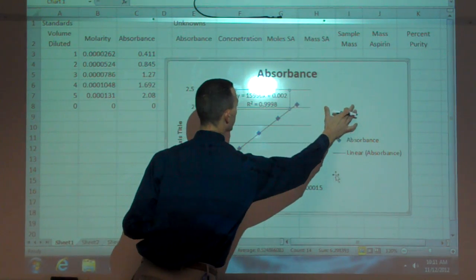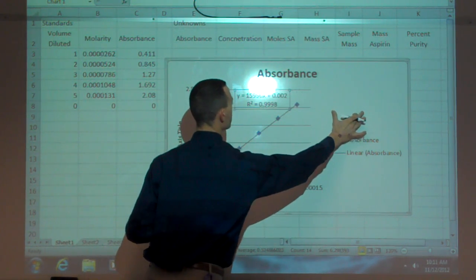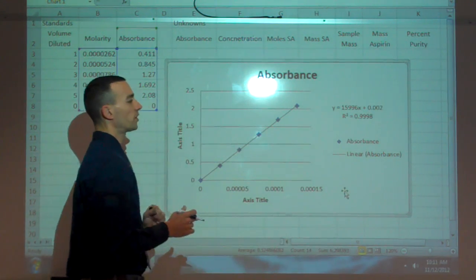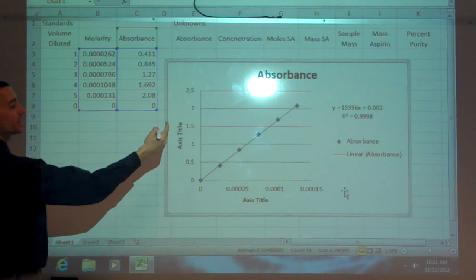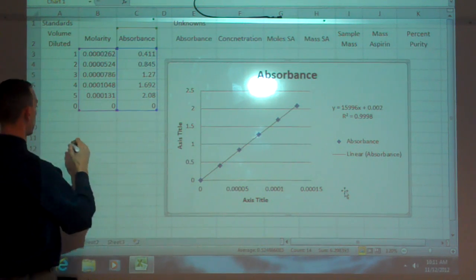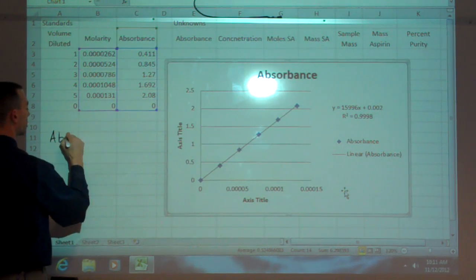And this equation, if you could drag it out here to the clear space, is going to be very important, because while it's written in y equals mx form, y is really our absorbance.